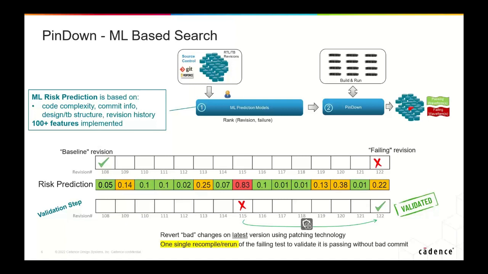How do you separate the truth from the non-truth? There you need either a validation process, or you as a human need to make that decision whether these are relevant results or not. But with Pindown we have this automatic validation process, where it basically continues until it has made the failing test pass again.